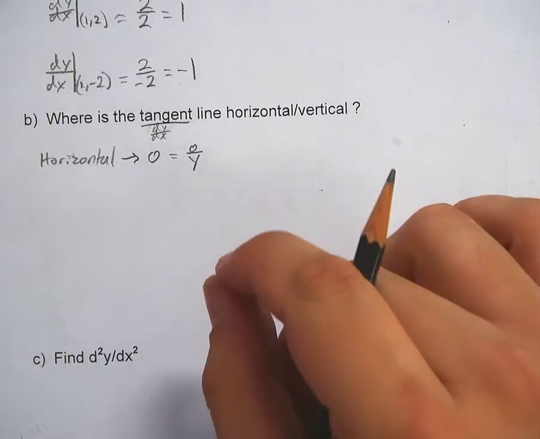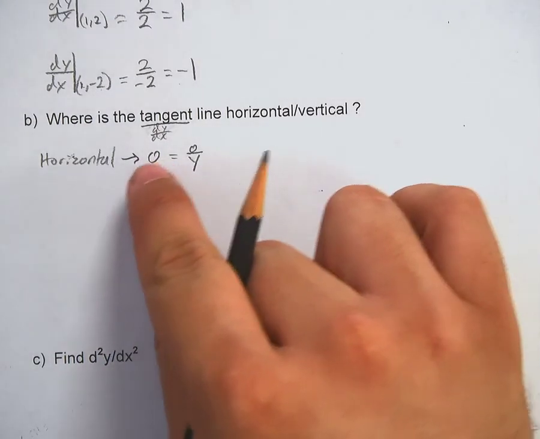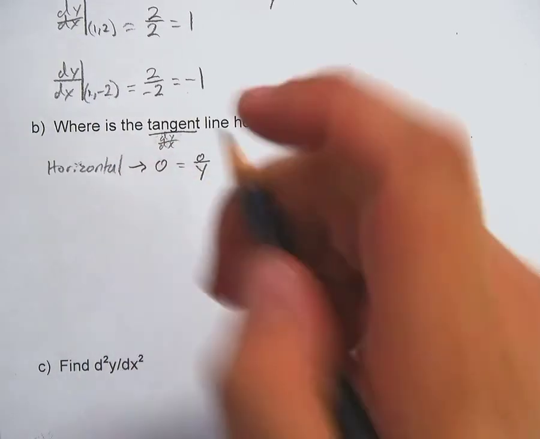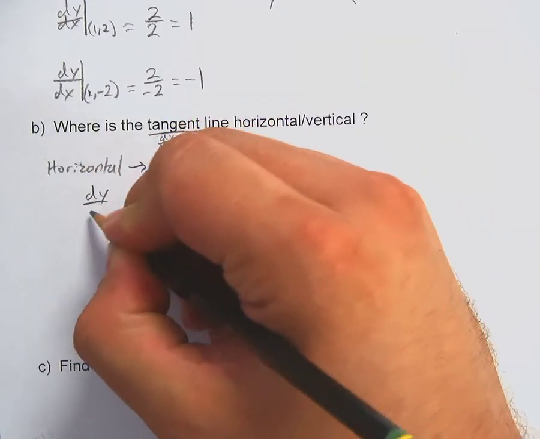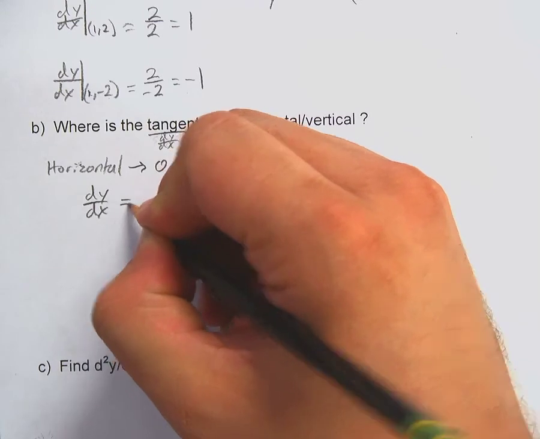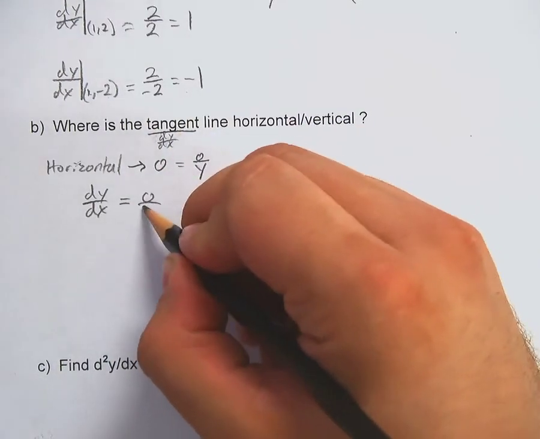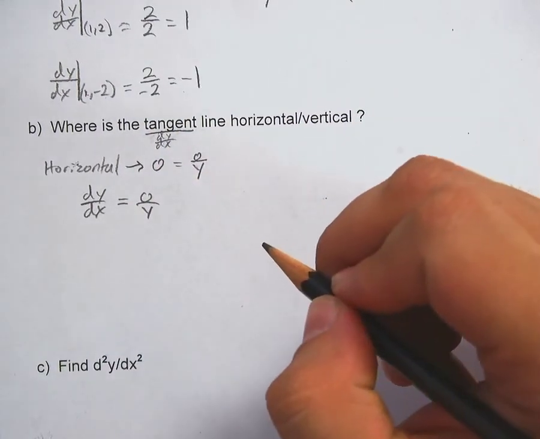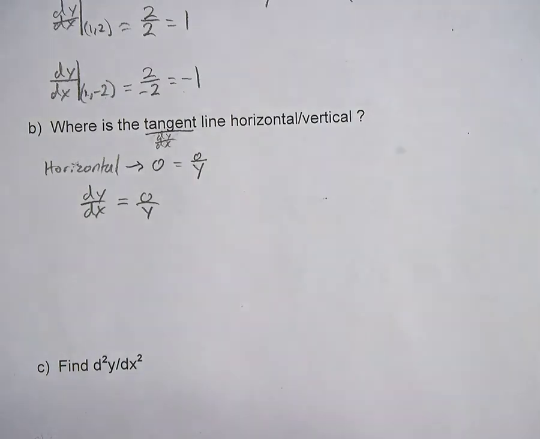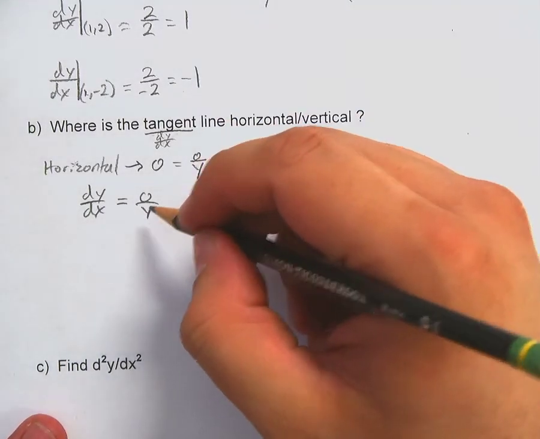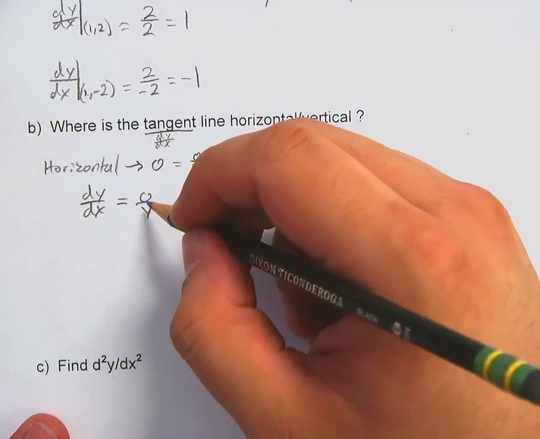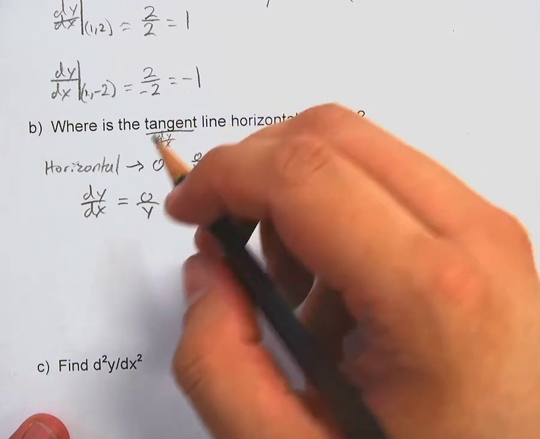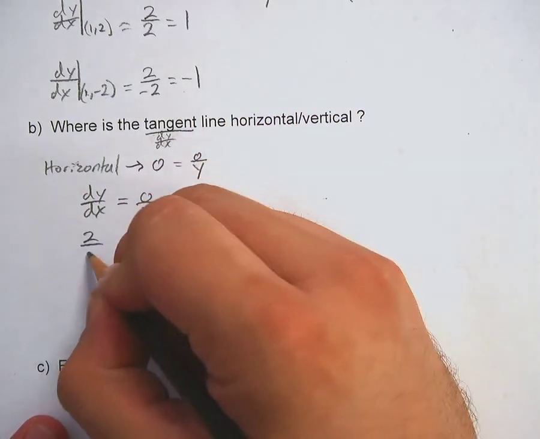Okay, so think about this here. What we need is our derivative, dy/dx, to be equal to 0 over y. Whatever the y value is, I don't care. It could be 0 over elephant for all I care. I just need the top to be 0. But my derivative is 2 over y.